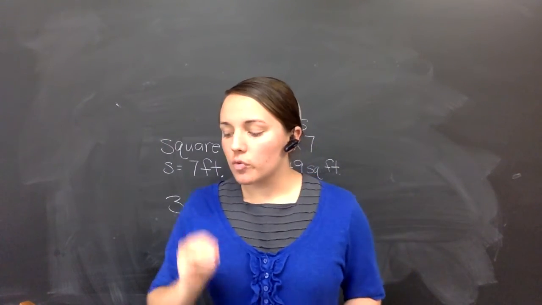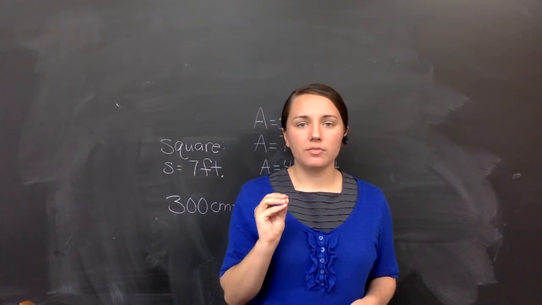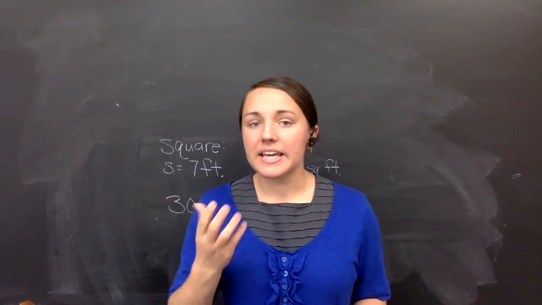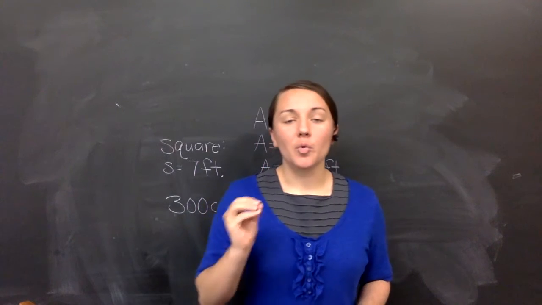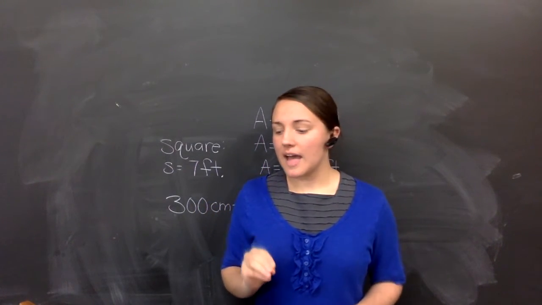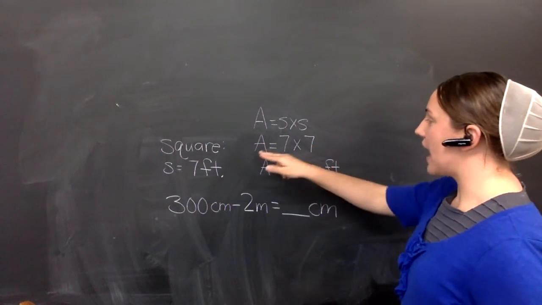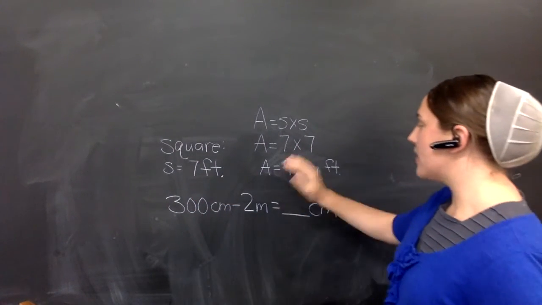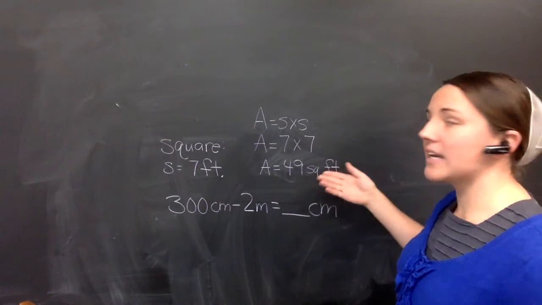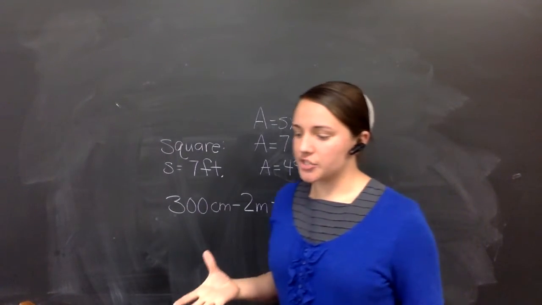Now in your lesson, remember it is important to write down the formula in every single problem. Even if you know it in your head and you can do the problem in your head, write the formula down and then write your second line. A equals 7 times 7, or whatever your measurement is. And then your third line, A equals 49 square feet, or whatever your answer is.